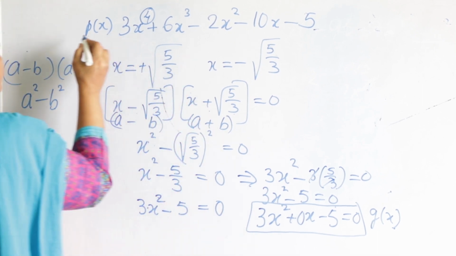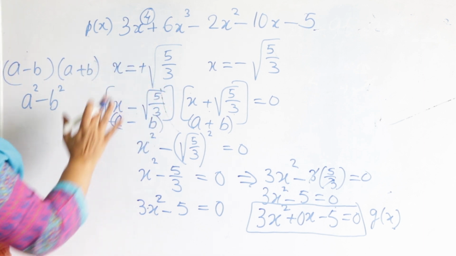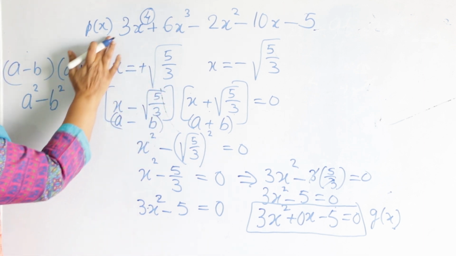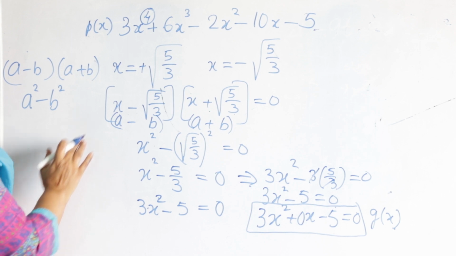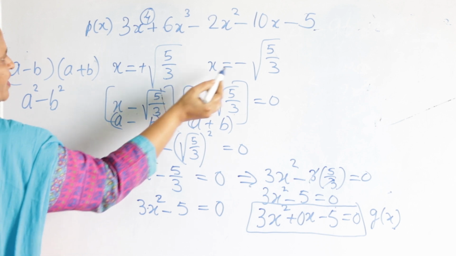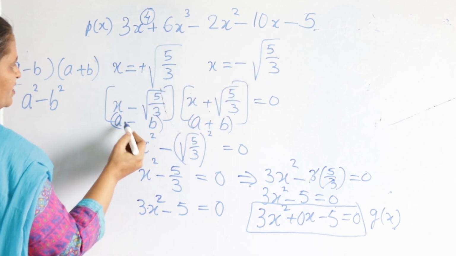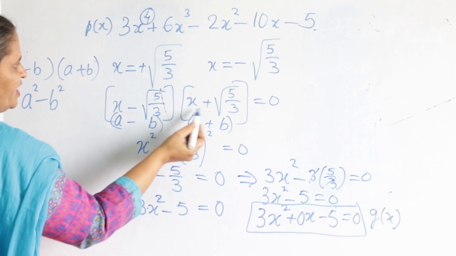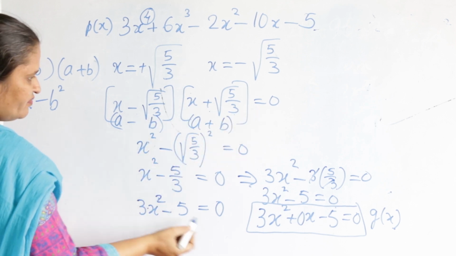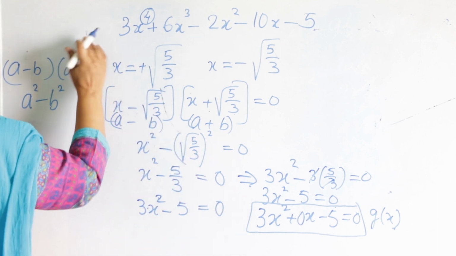Now let us take this g of x here. Just see this once again. This is p of x, and we have been given that root 5 by 3 and minus root 5 by 3 are the zeros, and we took them like this, a minus b, a plus b, and we got this as our g of x. So what is our g of x now?